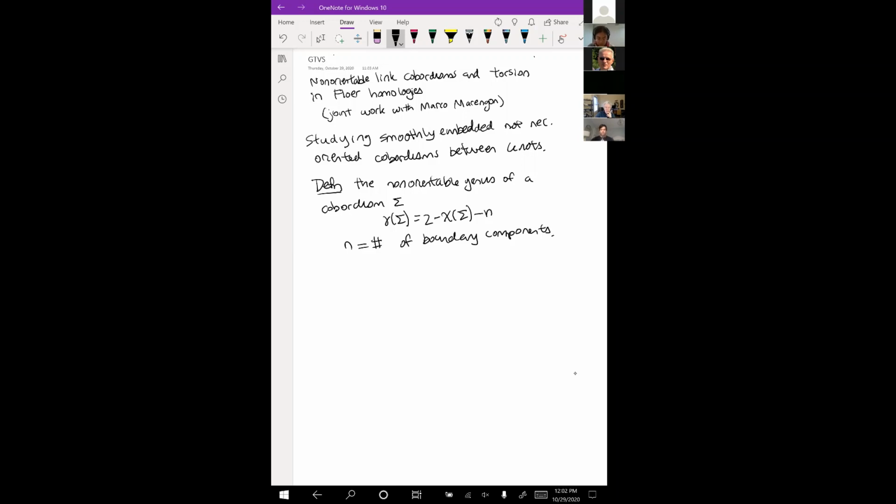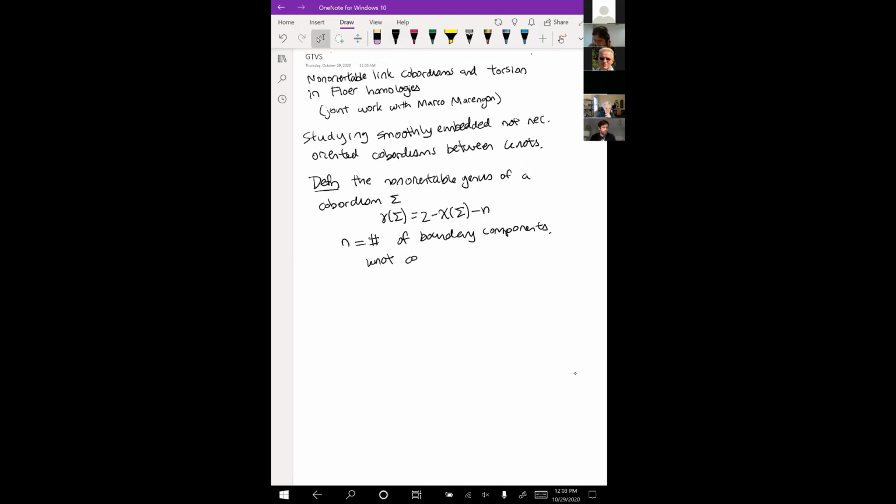So in particular, if it's a cobordism between knots, then the non-orientable genus is minus the Euler characteristic.